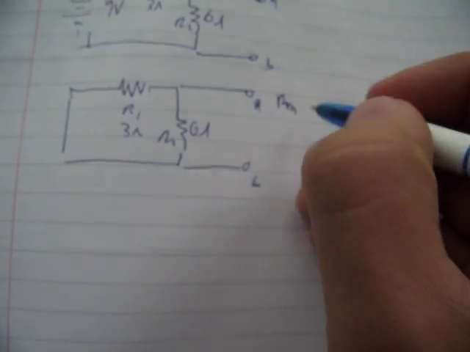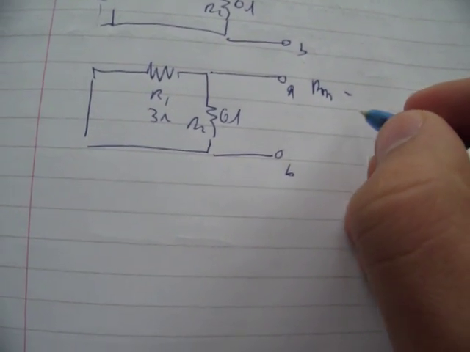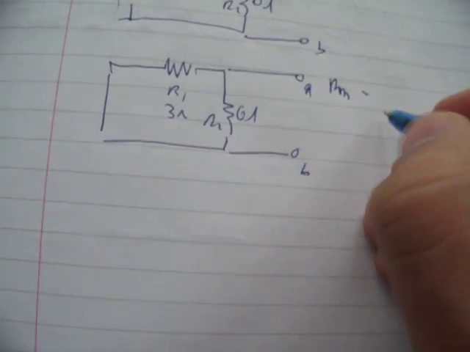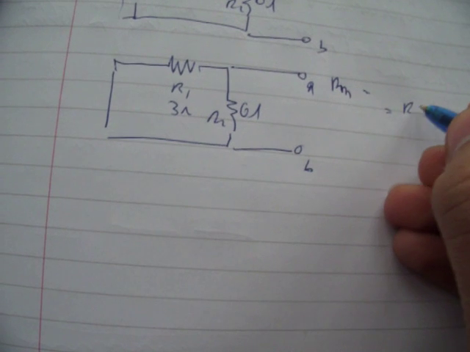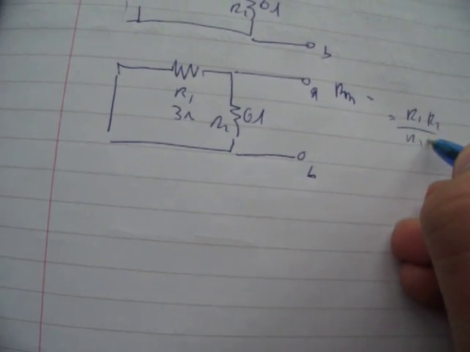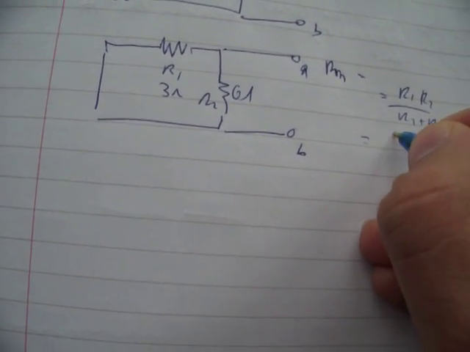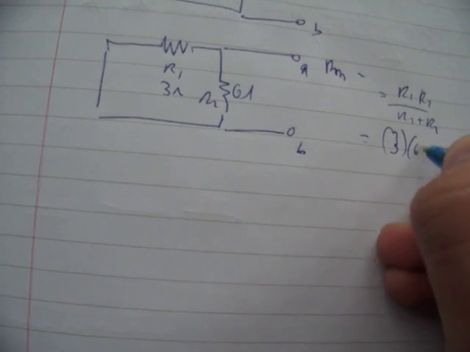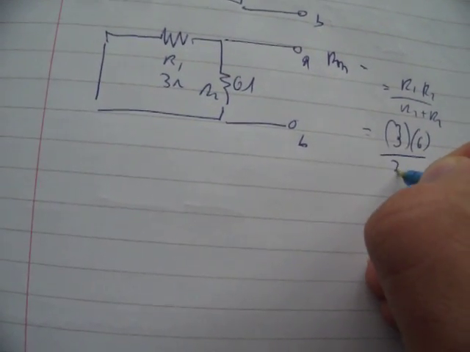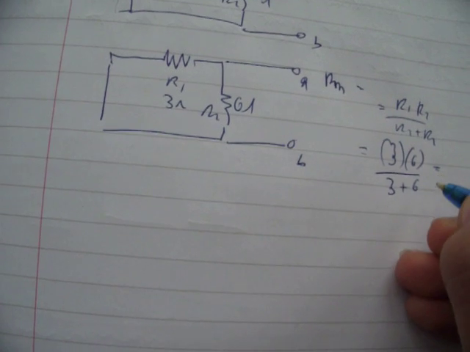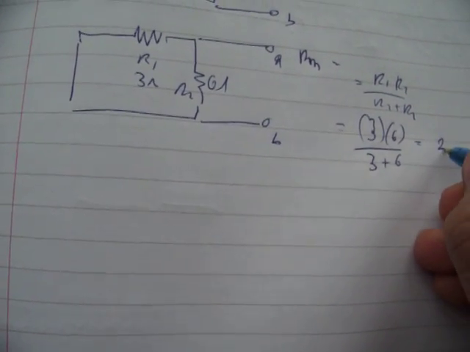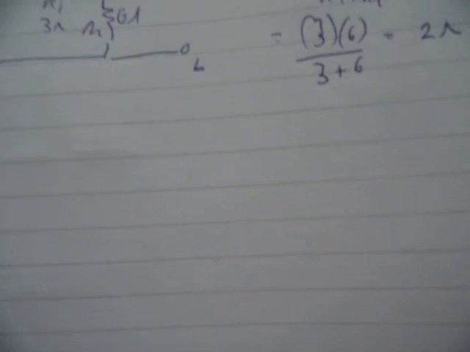To find R Thevenin, they are in parallel, so use the parallel rule, which is R1 R2 over R1 plus R2. So how do you do this? 3 times 6 over 3 plus 6, which is equal to 2 ohm. So we have R Thevenin.